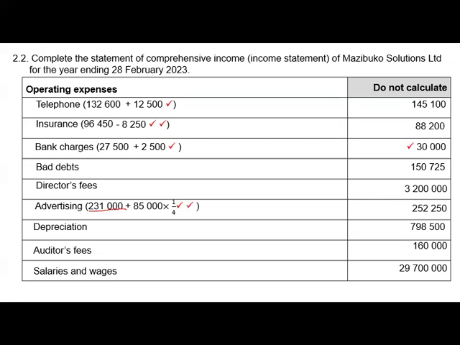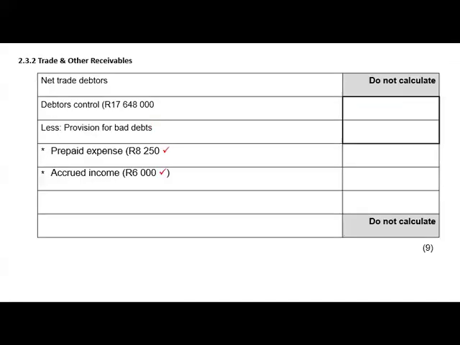It's prepaid expense. The 3 quarters of 85,000 will be prepaid expense. And where do we record prepaid expense? In trade and other receivables. So the amount that we're going to include in trade and other receivables for prepaid expense will be 63,750.